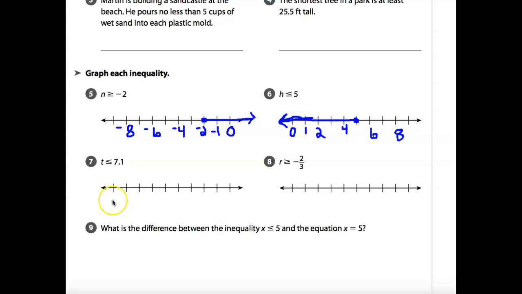So let's look at this. Let's start here. We can do 7 here. So this would be 7.1. This is 7.2. I'm going to scoot over here to 7.4.